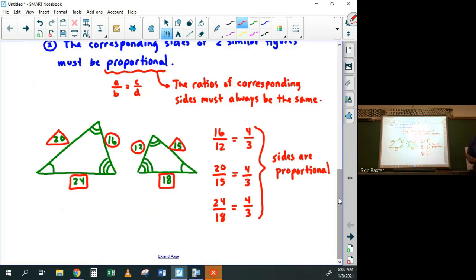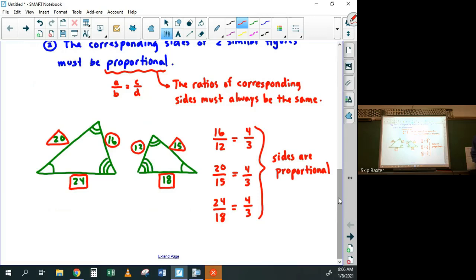That's how you check for similarity. You make sure that the pairs of angles are all congruent, and you make sure that every pair of corresponding sides is proportional. That means when you make a fraction out of them, they all simplify to be the same fraction.